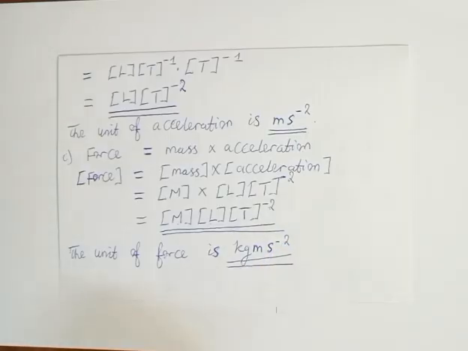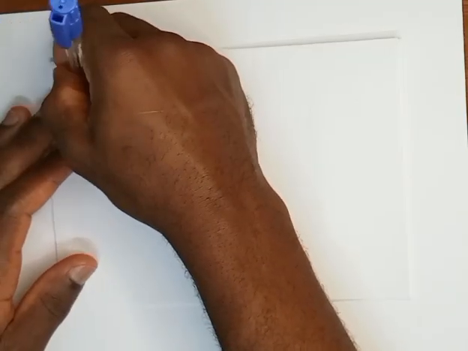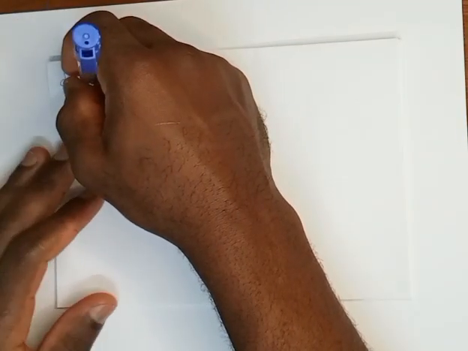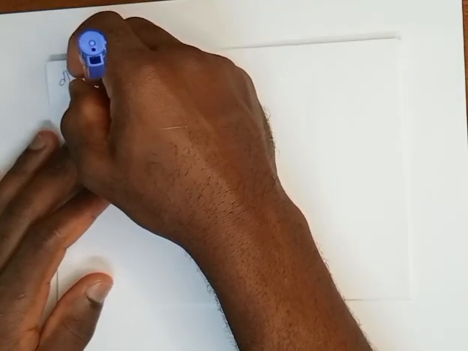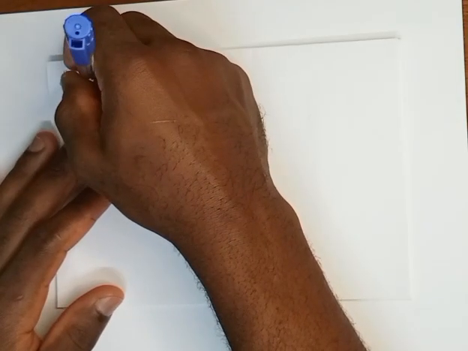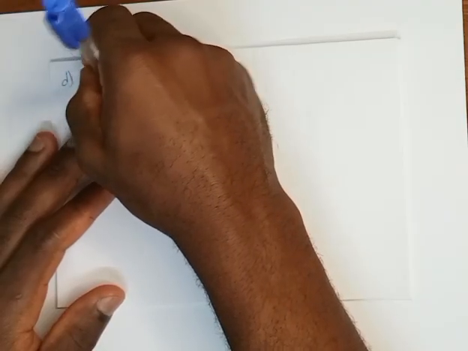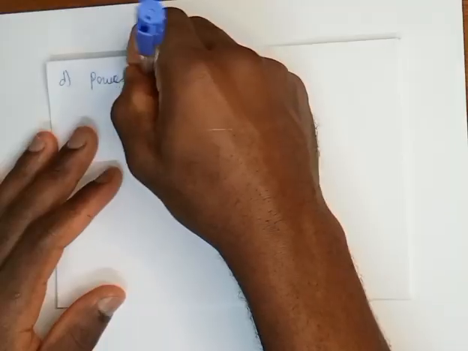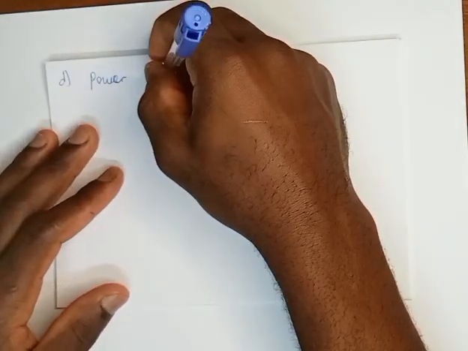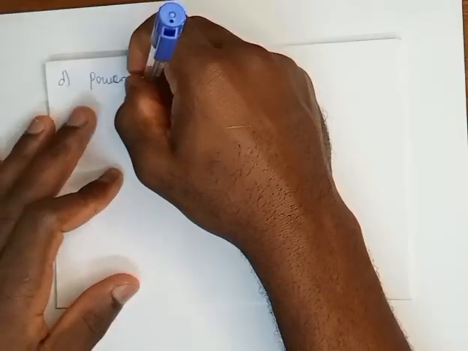We move now to the next question, which is power. D, we are to find the dimensions and unit of power. Power is simply equal to the rate at which work is done.